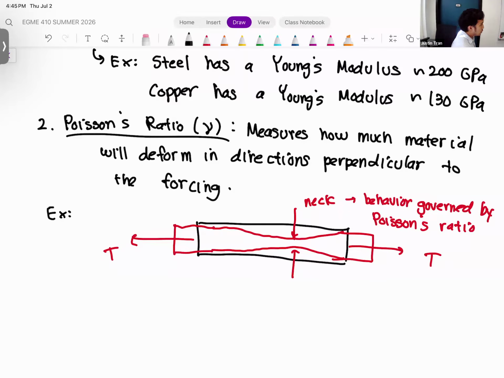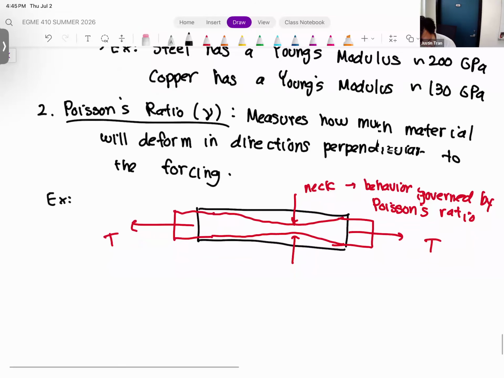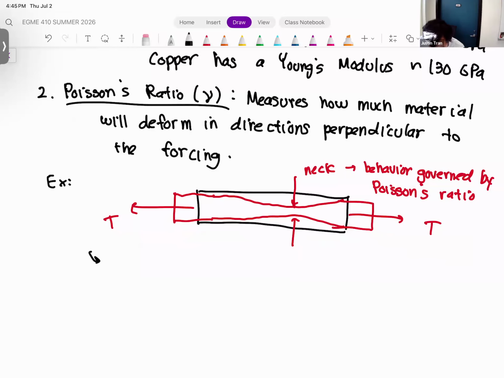What's interesting about the Poisson's ratio is that it literally is a ratio. So it's a dimensionless number, and it actually has a specific range. Typical values for a typical engineering metal or engineering material are usually around 0.25 to 0.35.